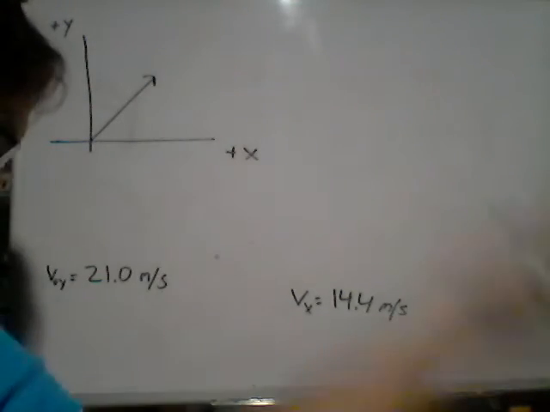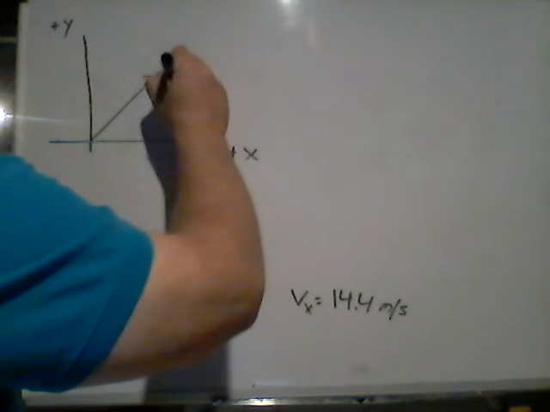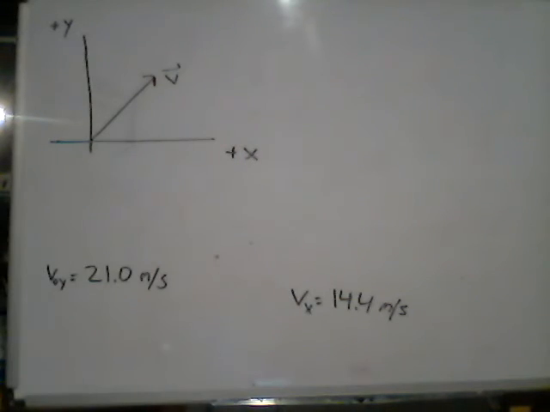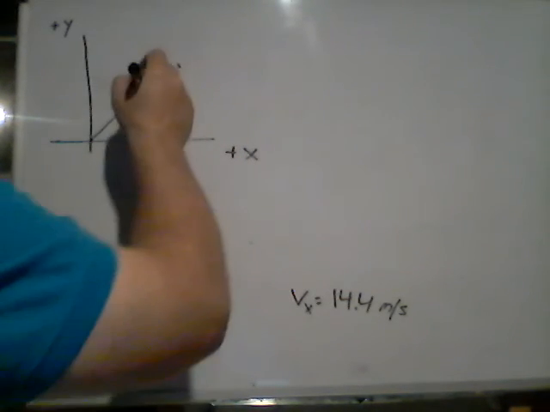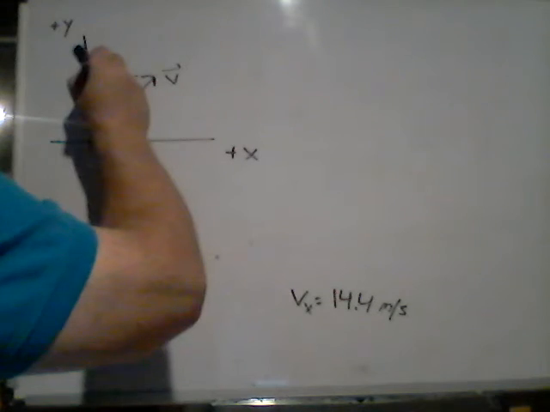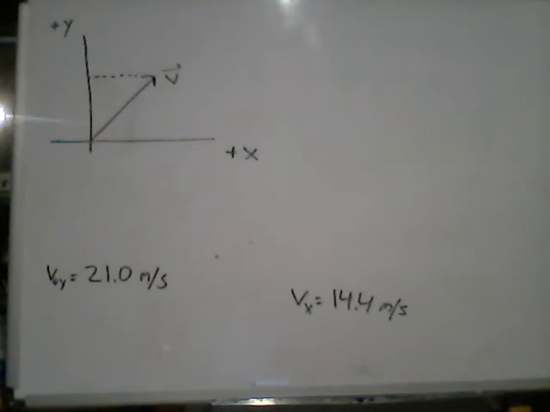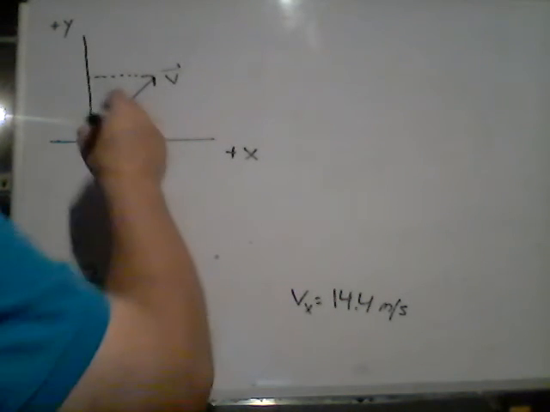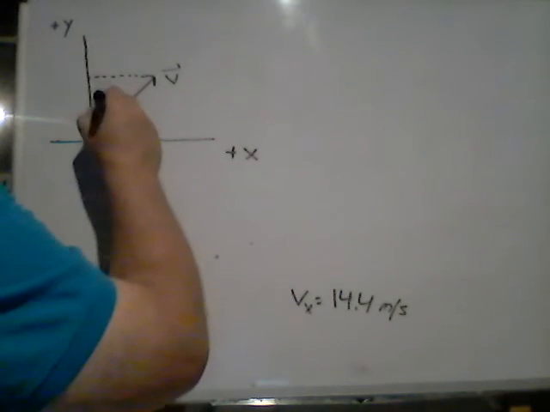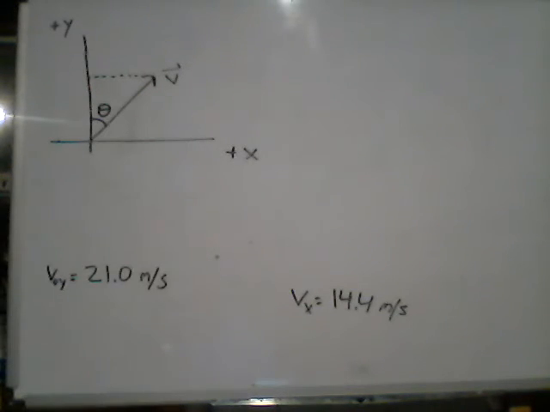We will call this the final velocity v. It's going to have a y component. Again, we want the angle with respect to the y axis. That's what the problem asks for, so it specifically requests this angle theta.